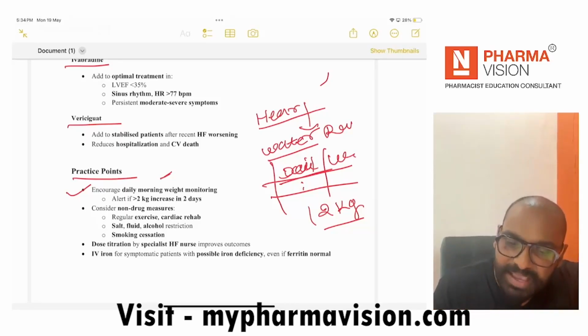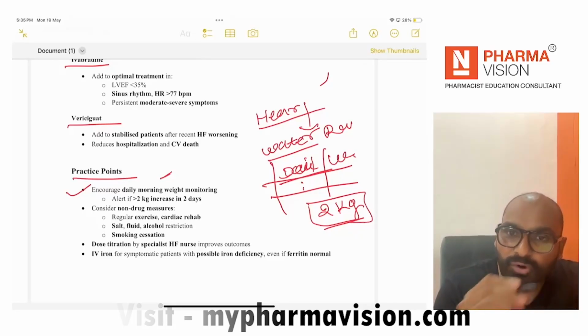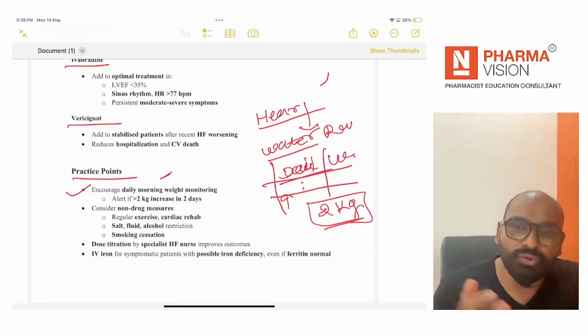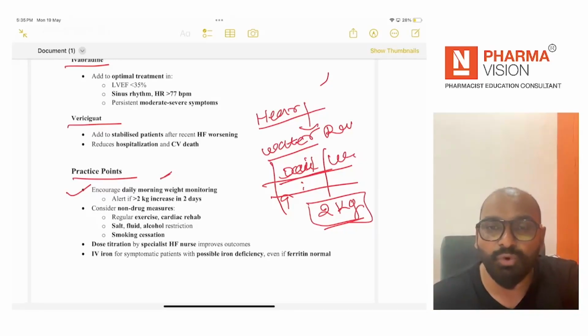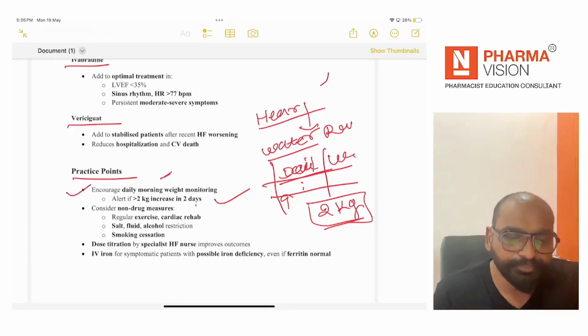If this happens, the patient can immediately talk to the doctor, and the doctor can increase the loop diuretic dose for a couple of days, and the excess fluid can be got rid of. Or the doctor will also evaluate the cause behind the exacerbation of the heart failure. All of this is possible if the patient monitors their weight on a regular basis. A 2 kilogram increase in 2 days is an indication that fluid retention is starting.